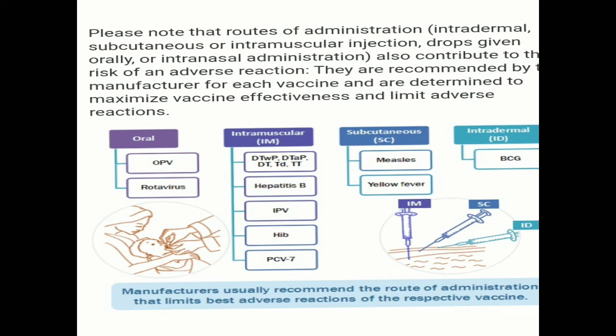So the DPT vaccine is administered within 6 months as the primary schedule, with a booster dose at 18 months, 12 to 18 months, and a second booster dose at the 4th to 5th year. Now the DPT is replaced by DT because pertussis is not significant beyond the age of 3 years.